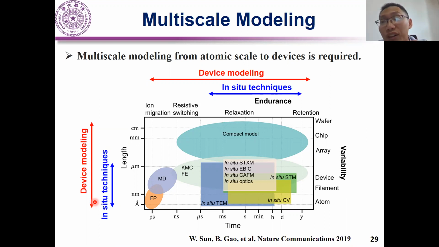simulate this switching process. But for reliability, because for retention we need to measure over a long time, if you still use MD, you cannot get the results.